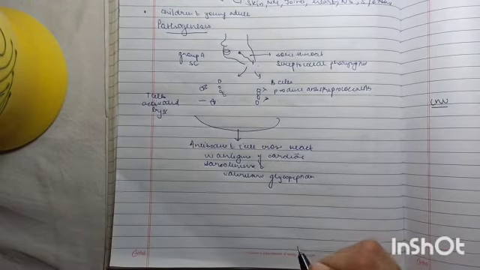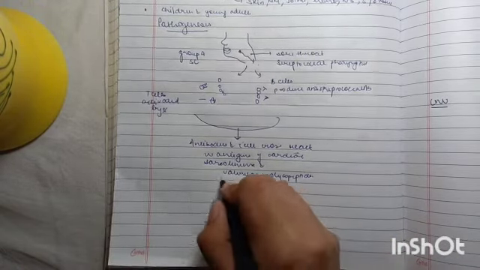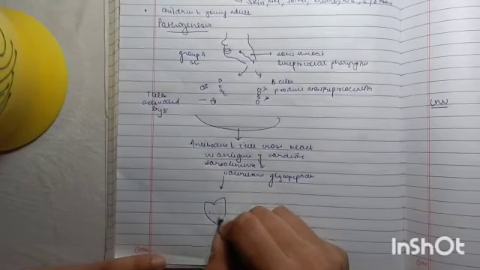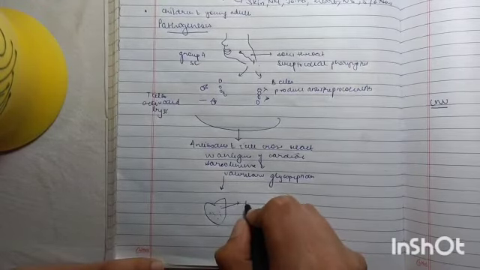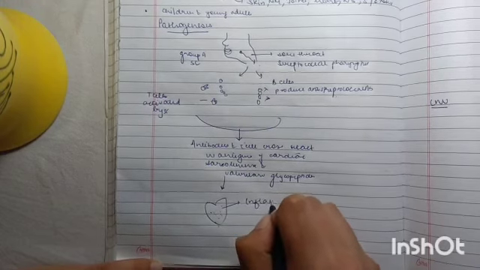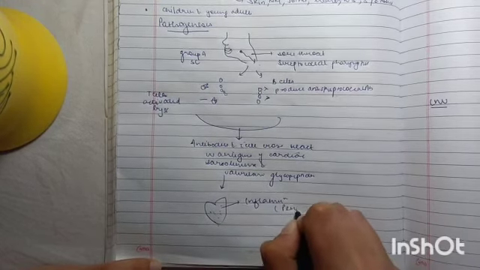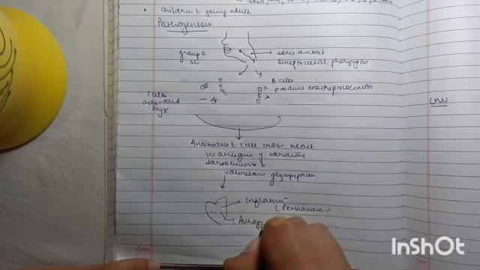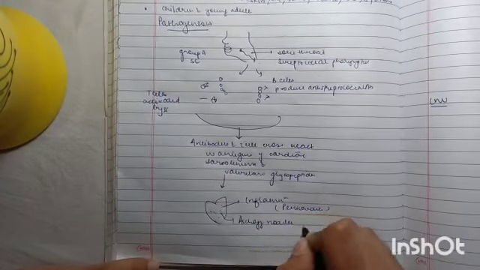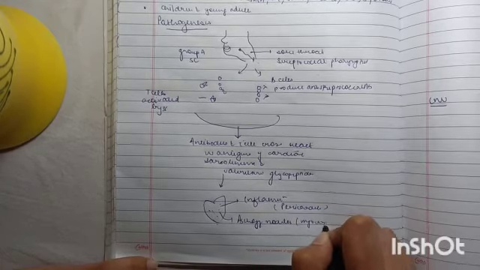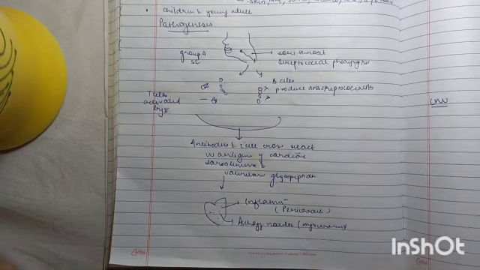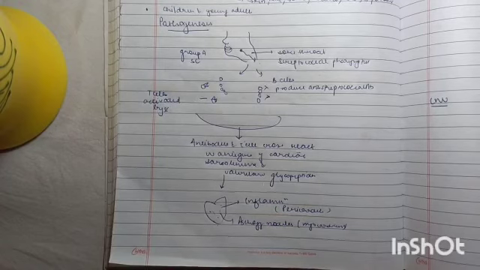After this, they will go into the heart and cause a lot of manifestations, one of them being inflammation. As I mentioned before, we will refer to it as pericarditis. Also, there is presence of Aschoff nodules in the myocardium. In acute rheumatic fever you get Aschoff nodules, but in infective endocarditis you get Osler nodules. Then pericarditis, as I mentioned before.